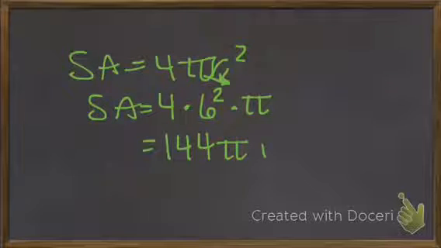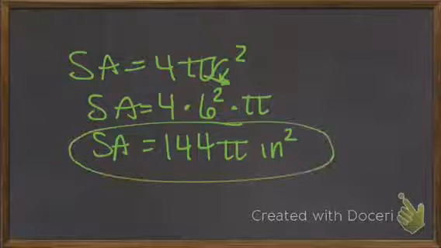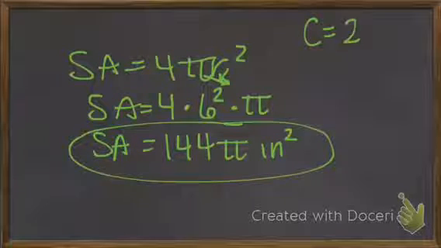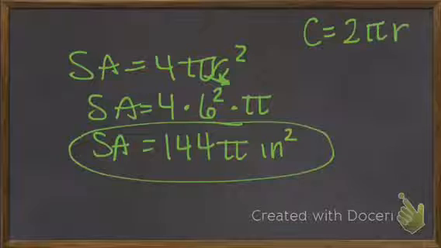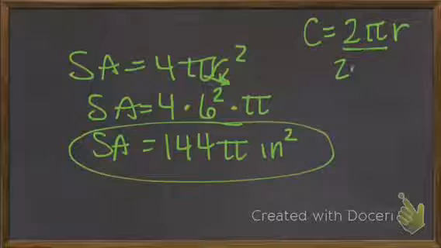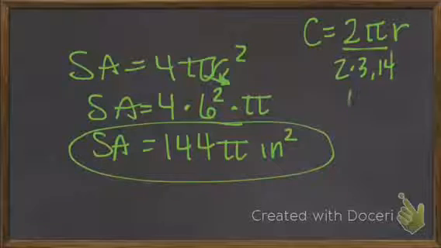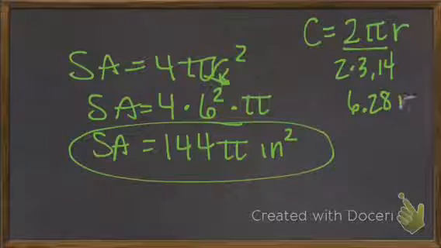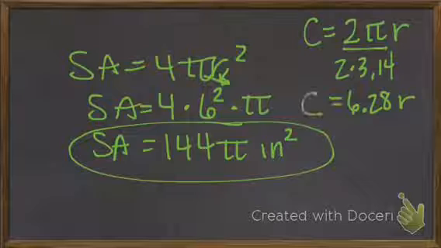That was in inches, and so the surface area is in inches squared. Okay, so again, if you need to find your radius when you have circumference, remember circumference is 2 times pi times the length of your radius. You multiply these out, which gives you 6.28 times r equals your circumference. Then you would divide circumference by 6.28 to get your radius.